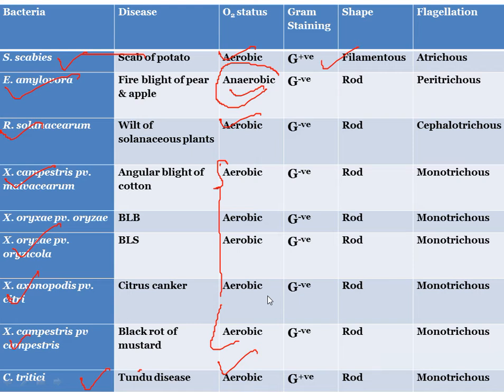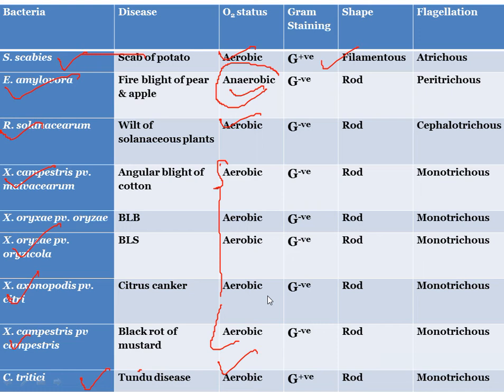L-form bacteria are able to induce plant disease without reversion to the bacterial parents. It means when the bacterial cell wall disintegrates once, the bacteria convert into L-form, but these bacteria are also able to cause plant disease.